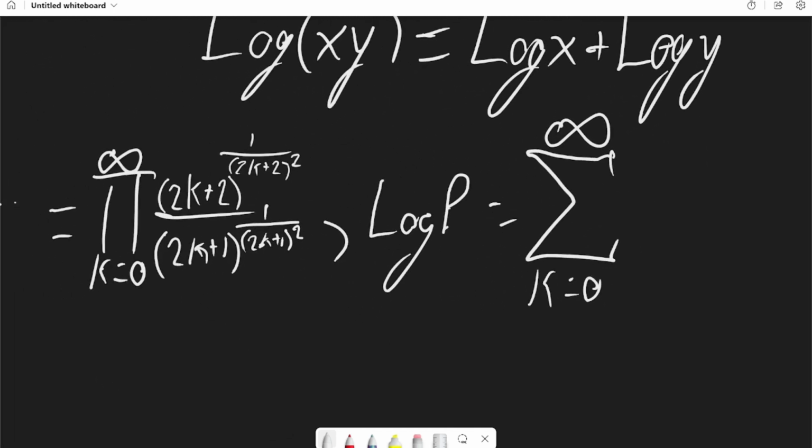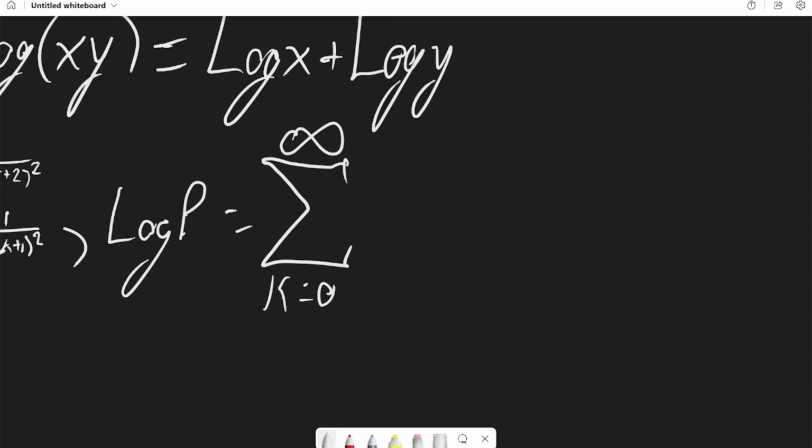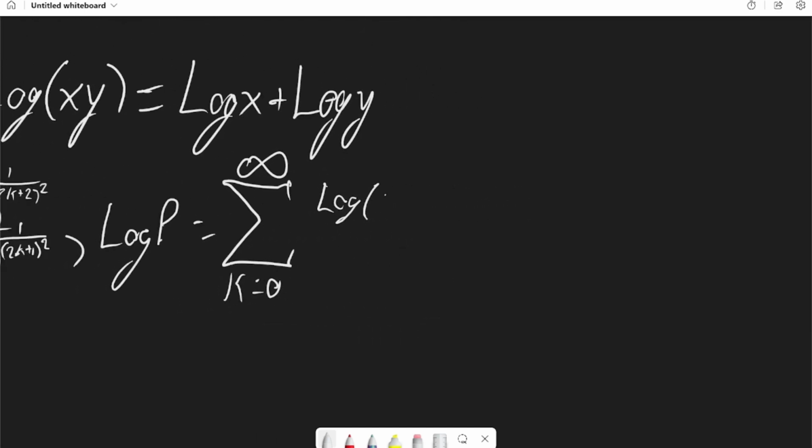And now, if we apply this to an infinite product, then we get an infinite sum, which is quite nice because you can work with infinite series a lot easier. It's like a hypergeometric series and like polylogarithms and digammas.